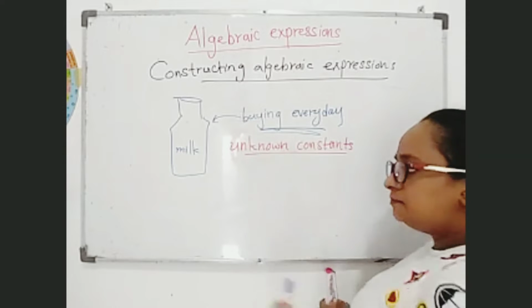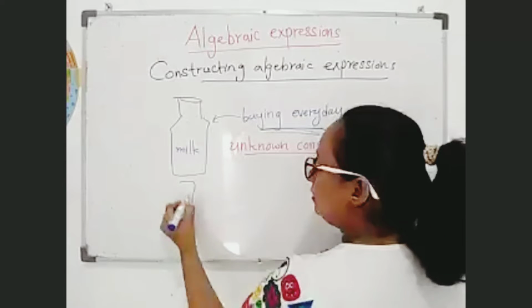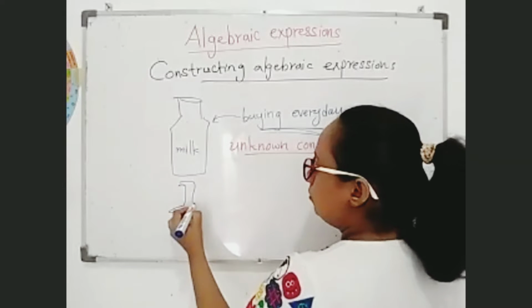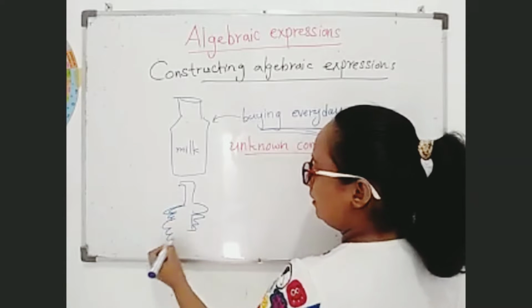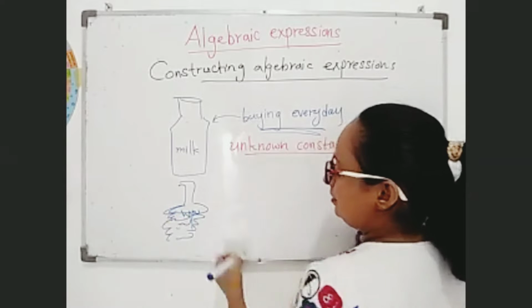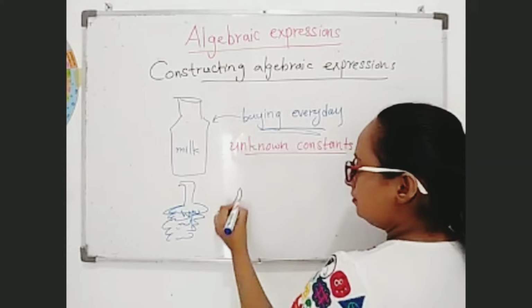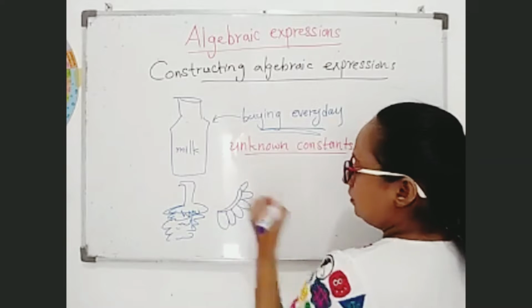Right? And the next thing, let's say there is a comb of banana, right? I'll just draw like this. Comb of banana, like this, and I'm taking 1 cluster, right?